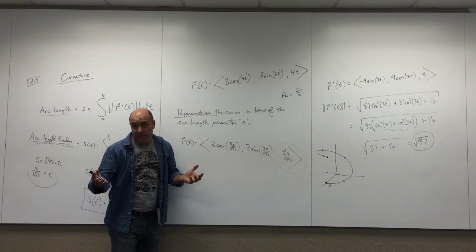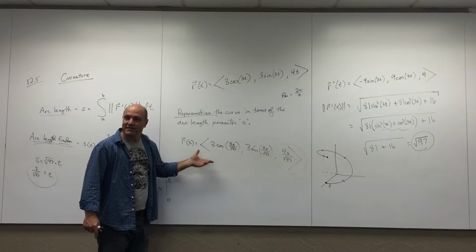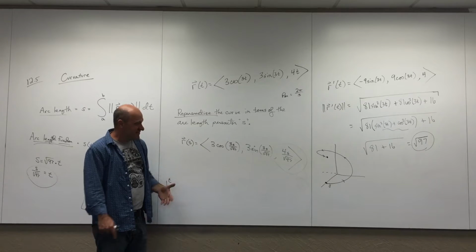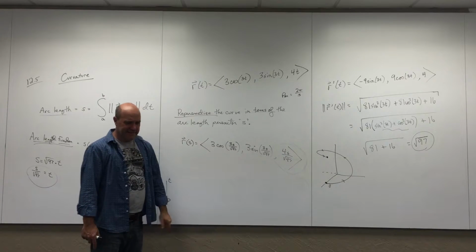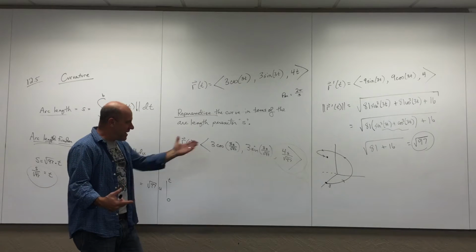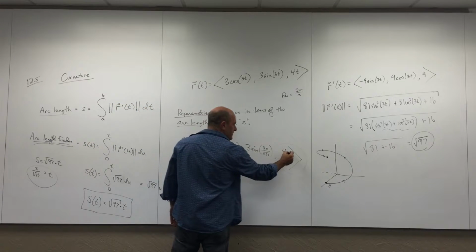Find your position after traveling for 2 feet, you plug a 2 in here for s. You guys all right? So that's one use of it. Instead of time, its parameter is s, arc length. It's arc length parameter s.